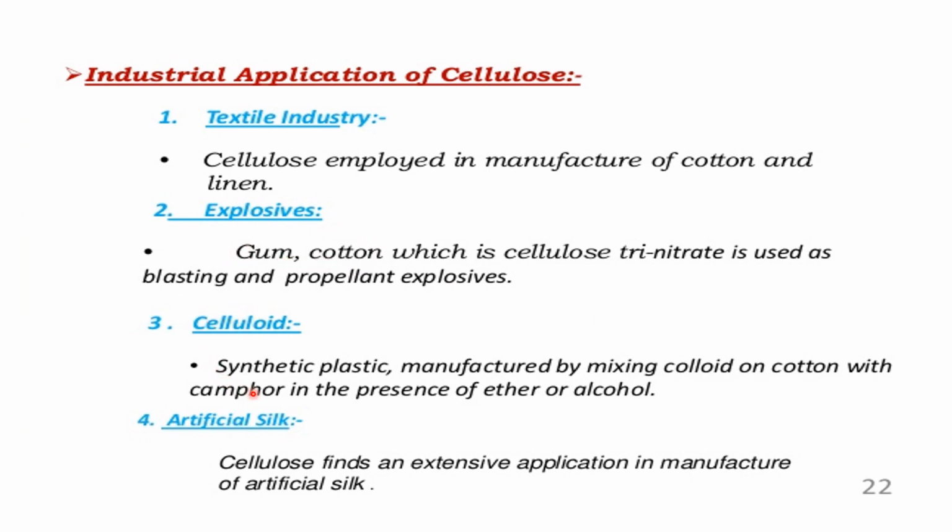Then many synthetic plastic materials are manufactured by mixing celluloid with different polymers, and even cellulose is used as material for artificial silk. These are the important applications of cellulose. So take down.